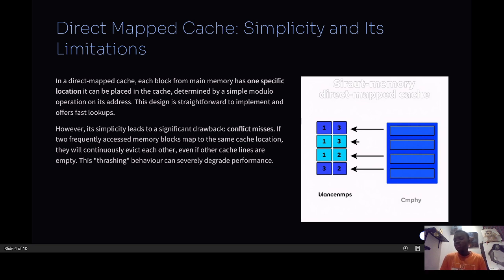It's fast and easy to implement but can lead to conflict misses when two frequently used blocks fight for the same spot, causing performance to degrade. That is the significant drawback: conflict misses. If frequently accessed memory blocks map to the same cache location, they continuously evict each other, even if other cache lines are empty.